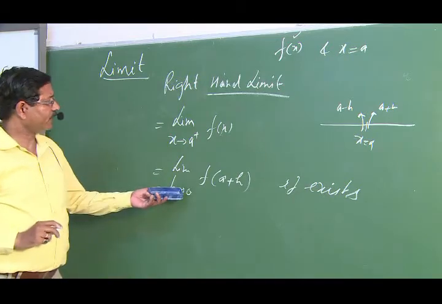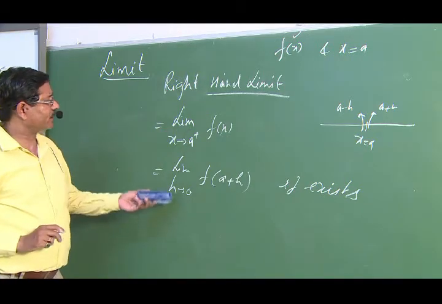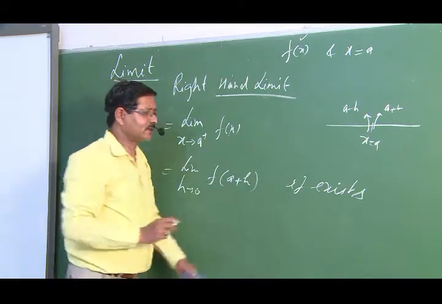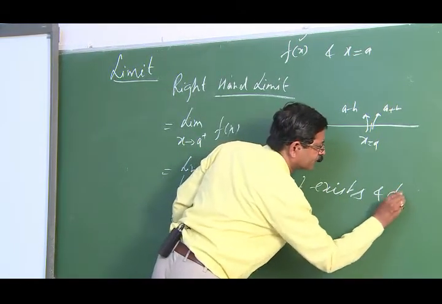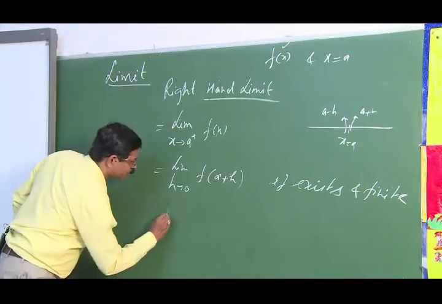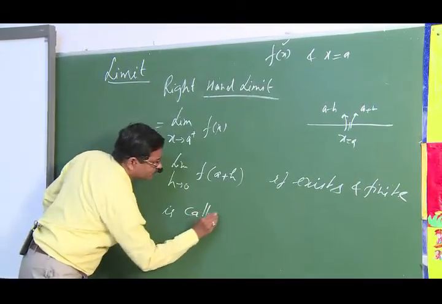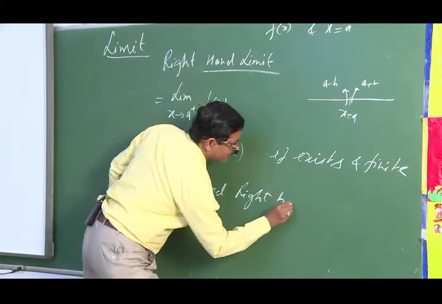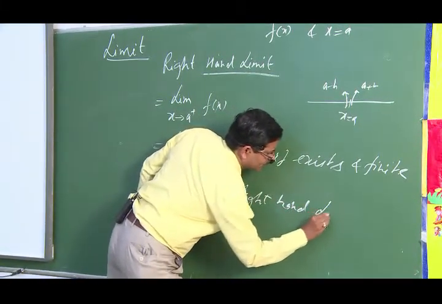Now this is called the right hand limit: limit h tending to 0 of f(a plus h), if it exists and is finite.